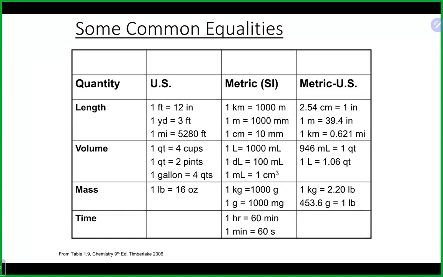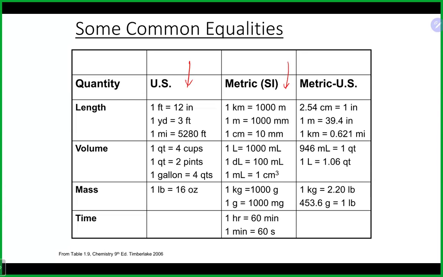As we talked about with units, there are the US units, the English units, and there are also the metric units. In this column here, these are some common US to US conversions. These are metric to metric conversions. Earlier we were talking about what's considered an exact number.